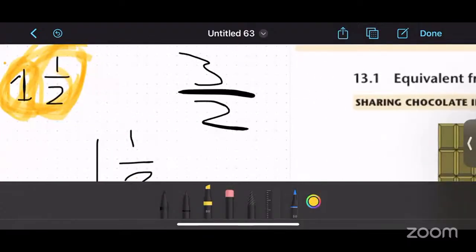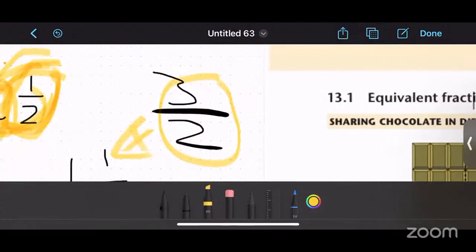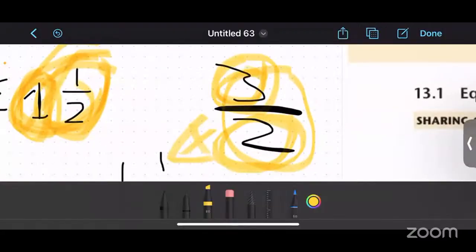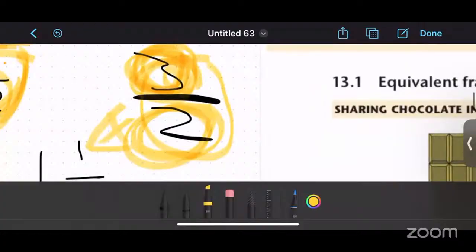If you want to convert this to this without the use of a calculator, you ask: what can I multiply with the denominator and then add to something I put here to get 3? What is it that you can multiply with 2 and add with whatever to get 3/2?